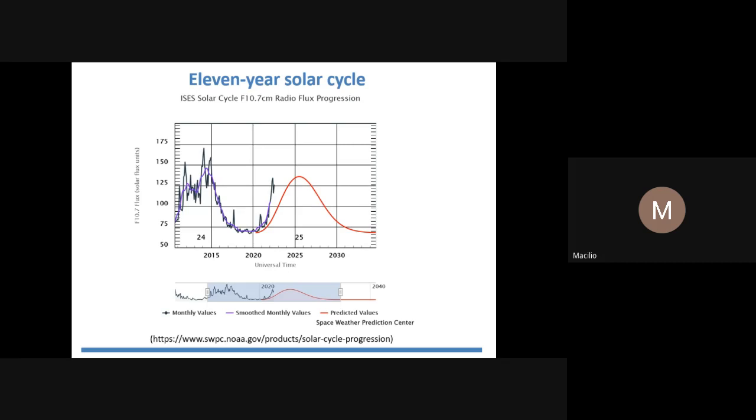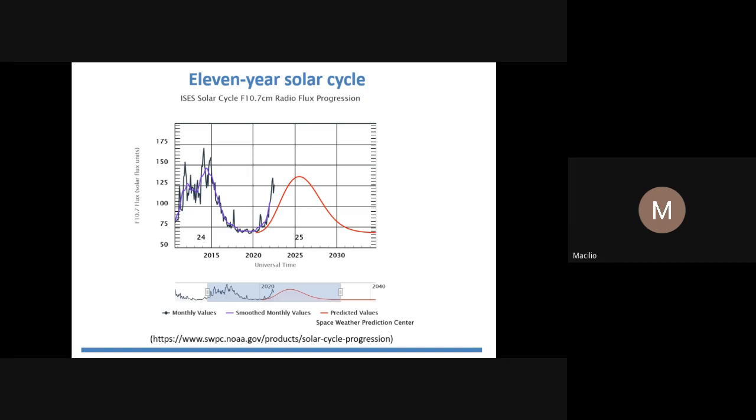at the wavelength of 10.7 centimeters. In this figure, the red is the predicted value.